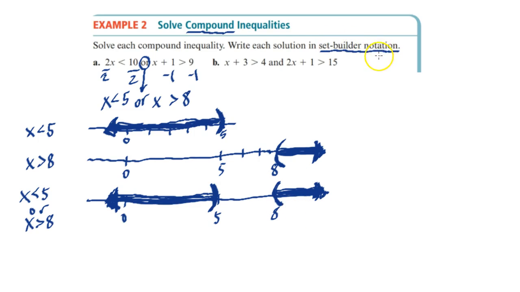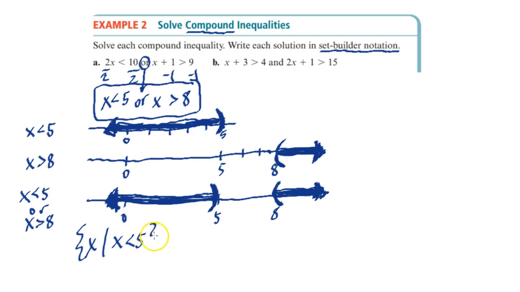Now we want set builder notation. So as we can see, our final solution is just this right here that we want to put into the set builder notation. Now they use this union symbol. So one way of writing this is the set x, vertical line, x is less than 5, union, the set x, vertical line, x is greater than 8.